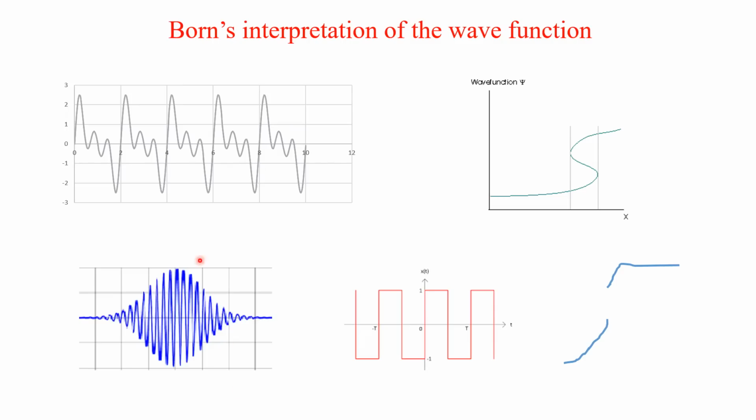Just now we have seen some of the properties of the wave function as interpreted by Born. According to the Born interpretation, the wave function is single valued. You can see this first diagram. It has a different frequency and a different amplitude, but you have a single, unique value at a particular position.